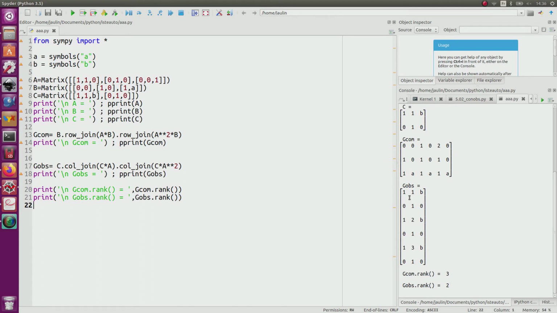So I can easily check that I cannot generate all vectors from this, and we can see, for instance, that the first vector and the last column vector are both proportional. It means that the rank of gamma obs is 2. The system for all b is not observable.